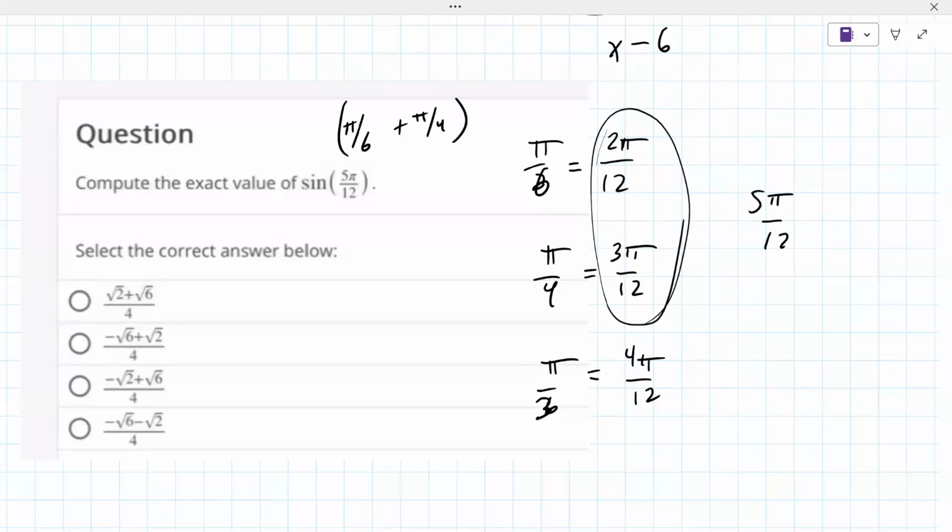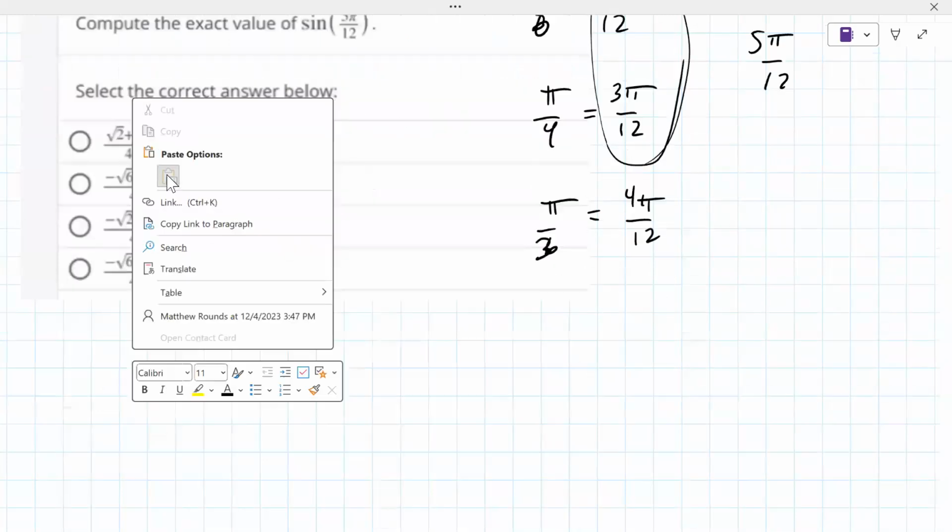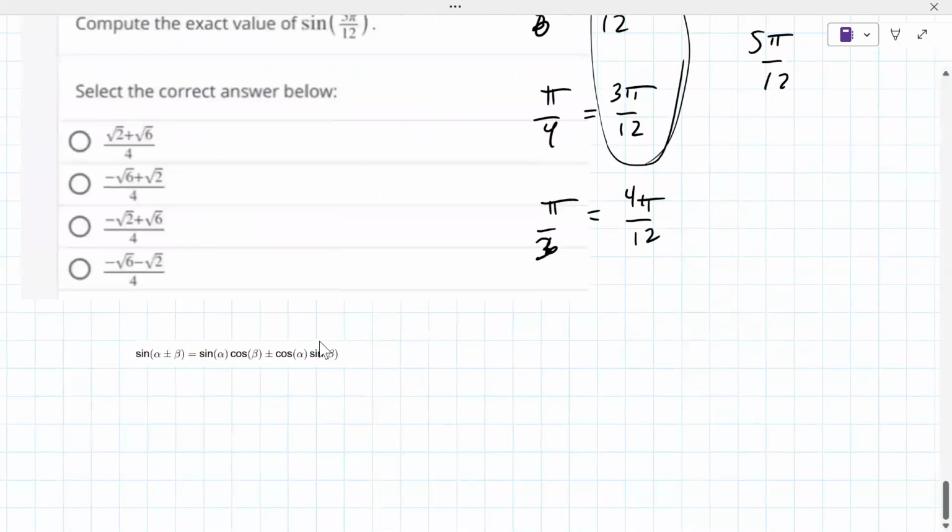So once you get those, you use the sum and difference formula. Now, if this were a legitimate test question and you didn't have to show any work, you could just calculate the value and then compare to the given values. You could put them in the calculator, but you have to show work like we're doing here.